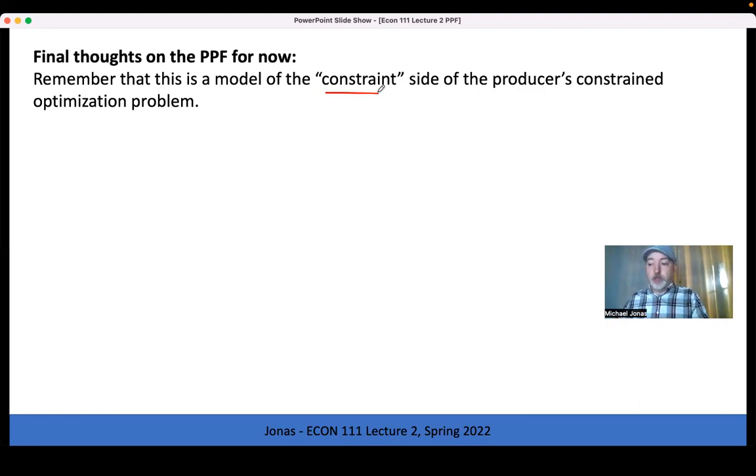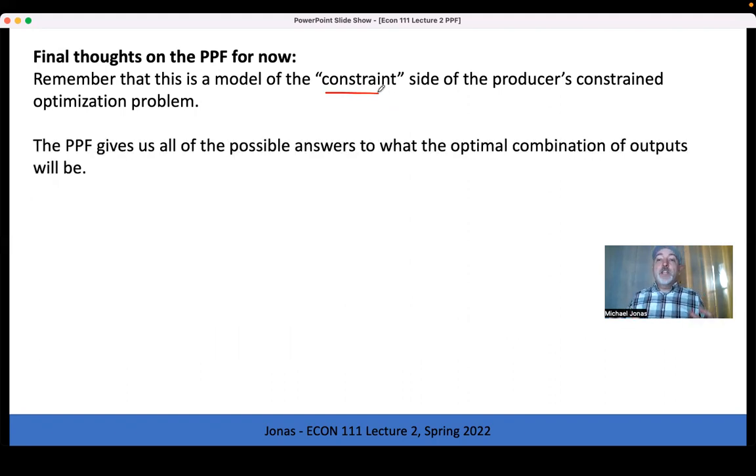They would like to maximize profit, produce and sell as much as possible, given their resources and technology. So we know that the answer to that optimality question, right? How many units of X, how many units of Y should we be producing to give us the maximum level of profit?